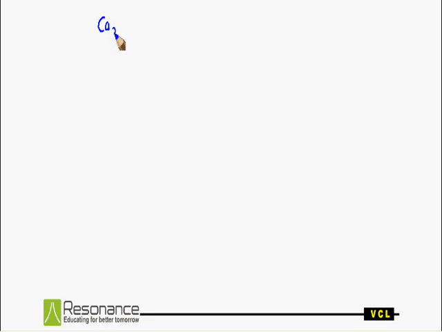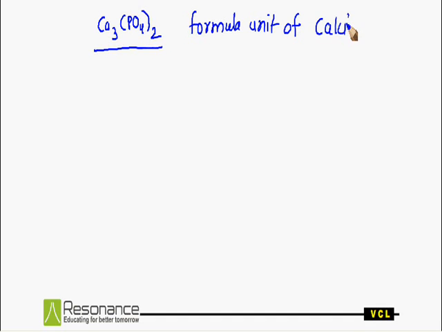Calcium phosphate, Ca3(PO4)2. This is not a molecule, this is a formula unit of calcium phosphate.